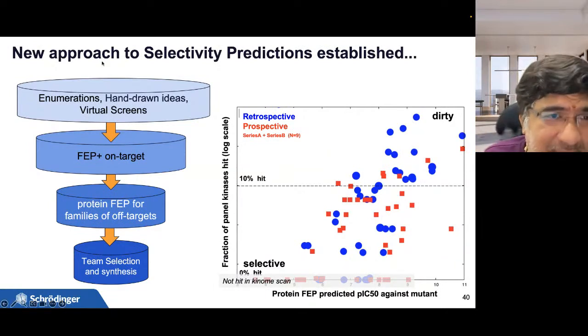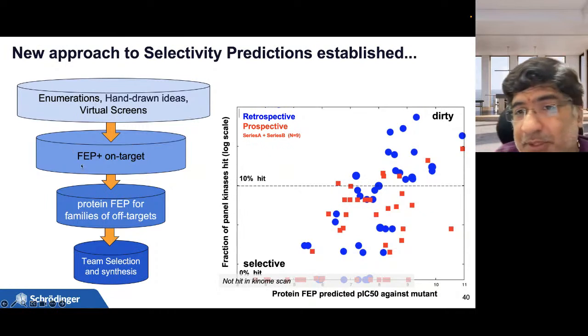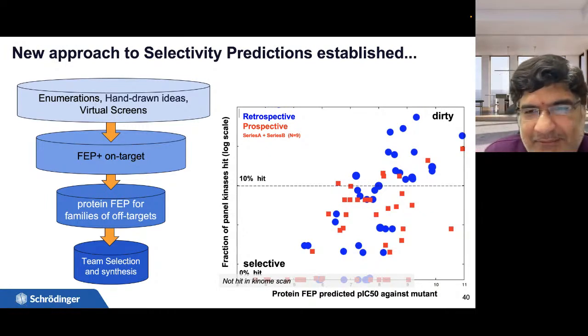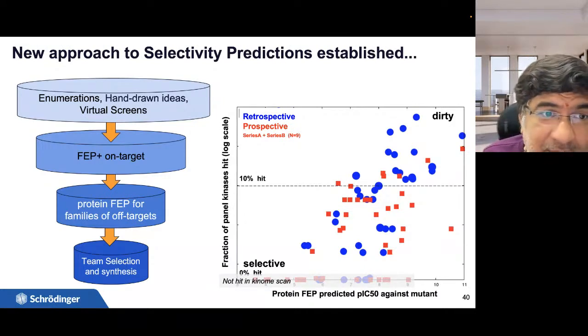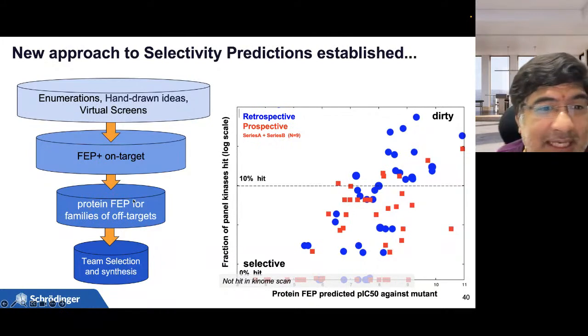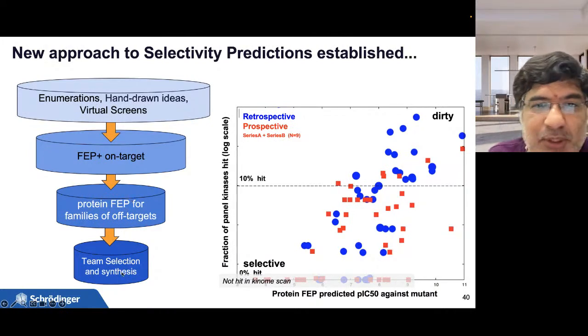So the best molecules, after applying all the filters, we went with FEP, free energy perturbation, to check target affinity and off target affinity. Then to bring the selectivity, we went through FEP and kinase panel assay, and from there we selected the molecule.